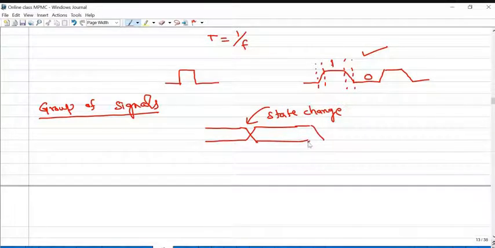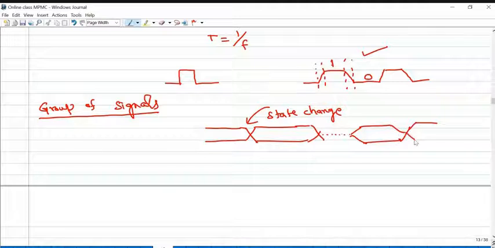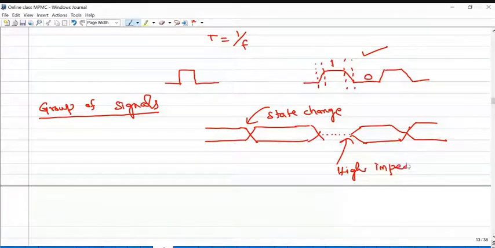Suppose during the timing diagram you mention a dotted line, that represents high impedance state, or tri-state. Tri-state means that particular pin is neither connected to 0 nor to 1.